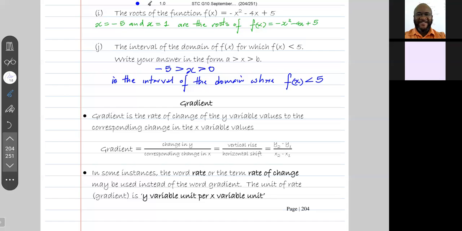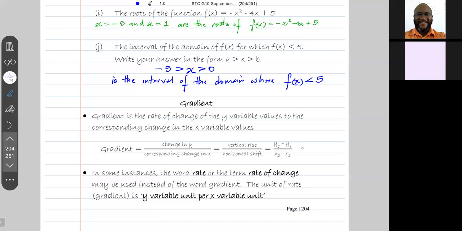Now, the unit of gradient, that is when you're doing topics that require a unit, for example physics, and some topics in mathematics, like when you're doing travel graphs, the unit of gradient would be the y variable unit per x variable unit.